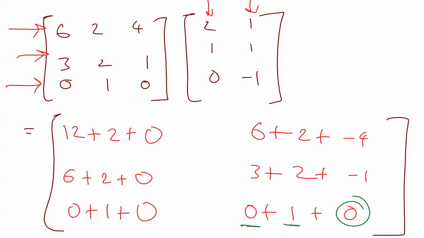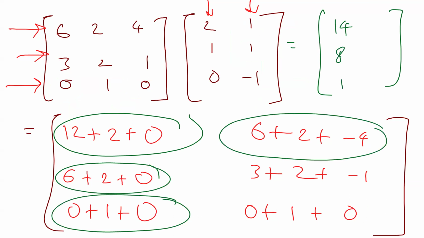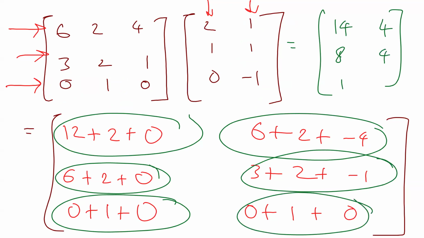Only for this problem, I'll just solve and show it to you. This is 14, this is 8, and this is 1. 8 minus 4, that is 4. 5 minus 1, that is 4. And this is 1.